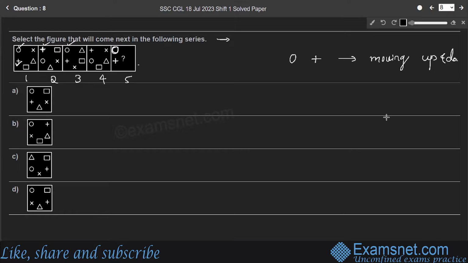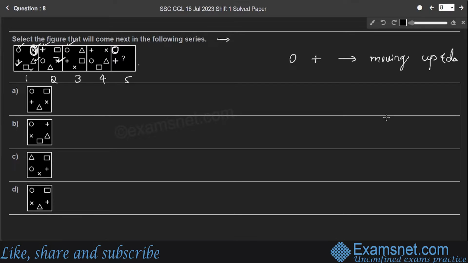Whereas the remaining signs, the cross sign, the triangular symbol and the rectangular symbol, these three symbols are moving in clockwise direction in each step. They are continuously changing their position in each step. Here, the cross sign is shifted to its next position in clockwise direction, which is here in the middle.